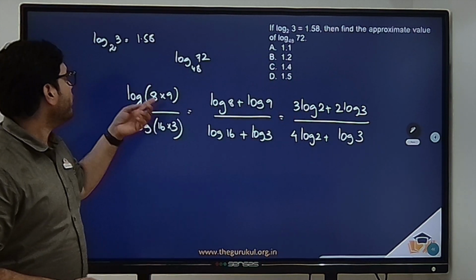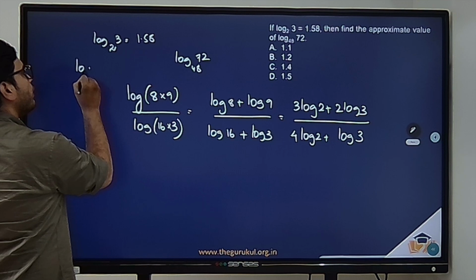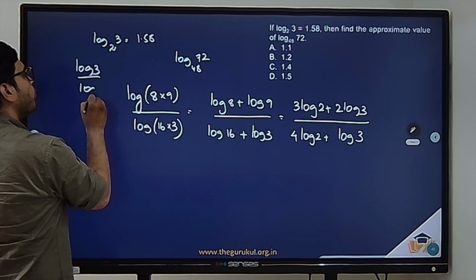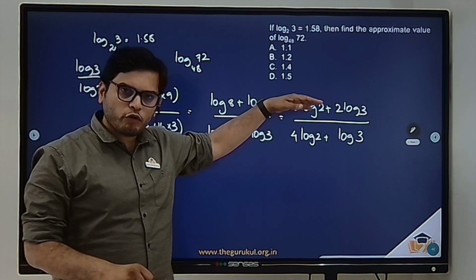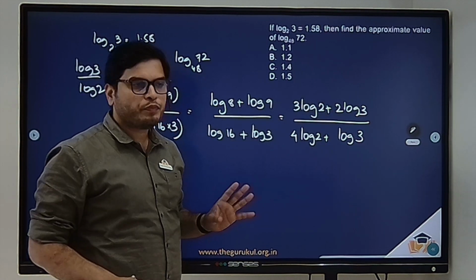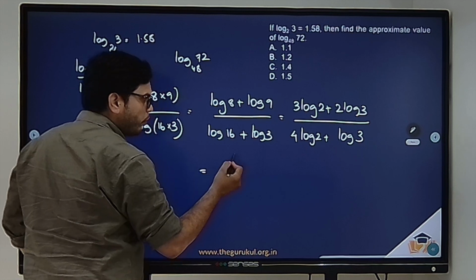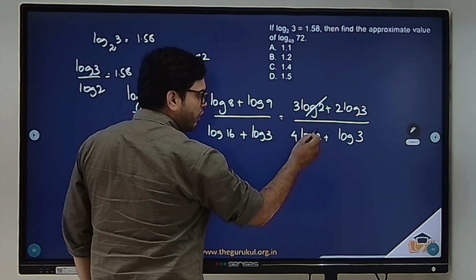Now what are we given with? We are given with log 3 by log 2 is equal to 1.58. Now let us divide both numerator and denominator by log 2. Right. Now if I divide both numerator and denominator by log 2, these two will get cancelled.